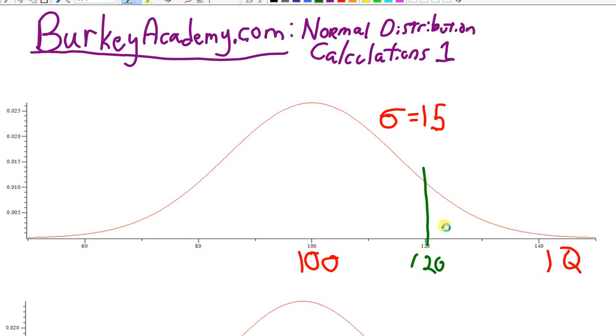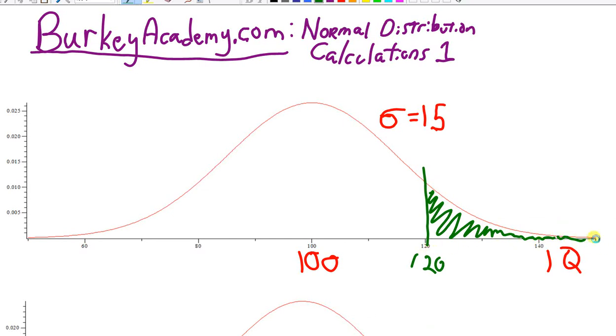Now, when we say what percentage, when we're modeling IQ as this bell-shaped normal distribution with a mean of 100 and a standard deviation of 15, then that probability or that percentage is going to correlate to what part of the area of this shape is over here, 120 and higher.